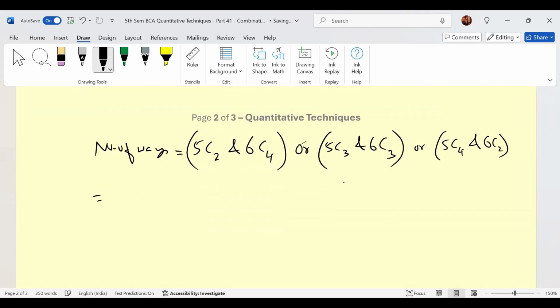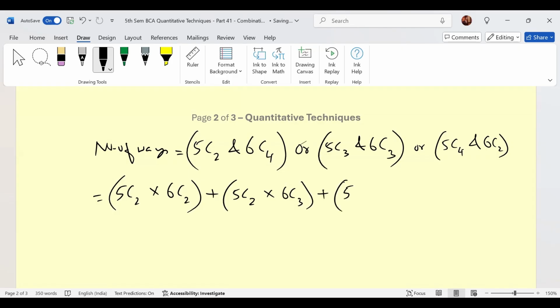So this is equal to 5C2 multiplied by 6C4, which is nothing but 6C2. Since it is an OR, you add 5C3, which is nothing but 5C2, multiplied by 6C3, which is 6C3 only, plus 5C4, which is 5C1, which is 5, multiplied by 6C2.